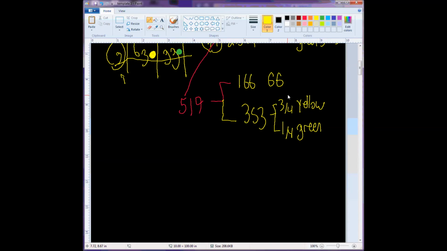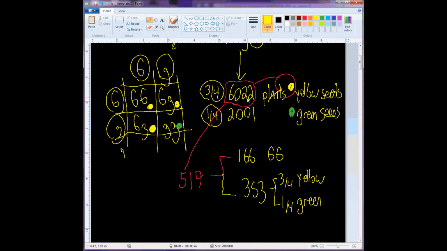Okay, so let me clarify that. Again, the experimenters here took 519 plants from these 6,022 in the F2 generation and self-crossed them. 166 of these 519 produced only yellow-seeded offspring, and then 353 of them produced offspring in a 3/4 yellow to 1/4 green ratio.